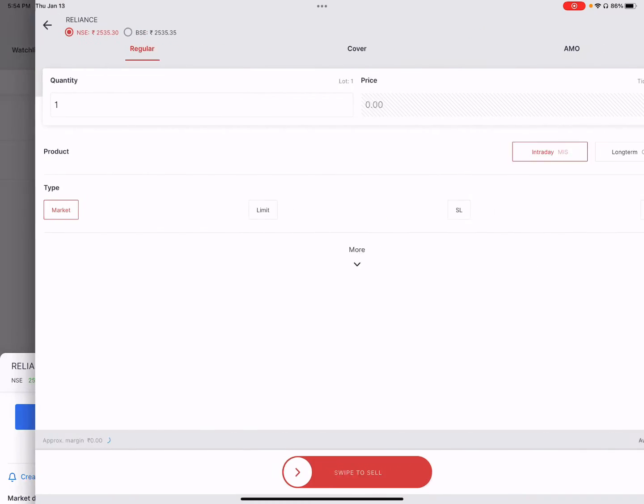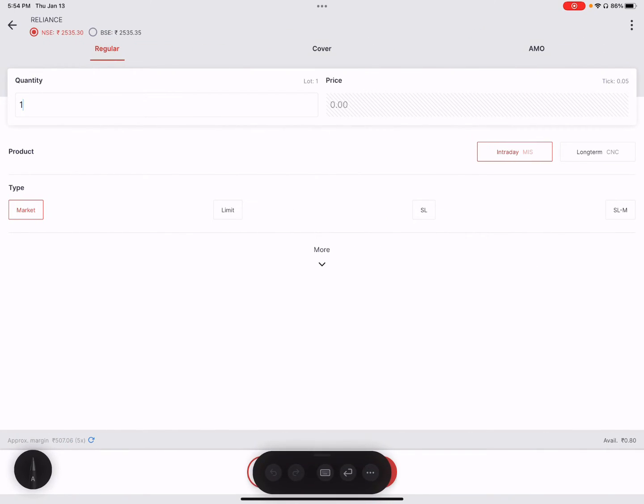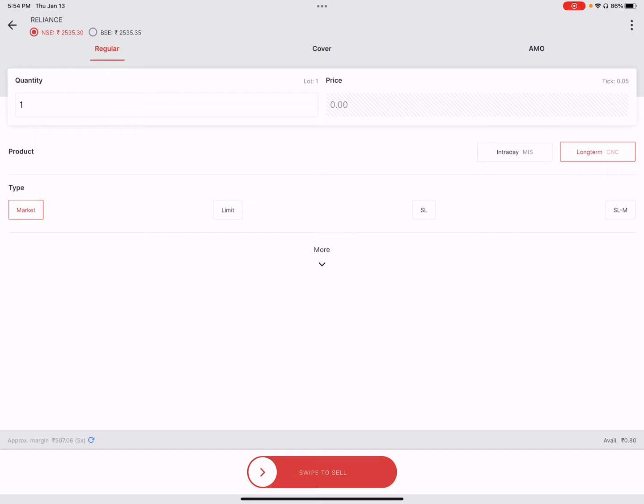You just sell Reliance. You sell some 100 quantity, whatever quantity you want, through your broker. You swipe to sell, and the amount you get charged is just for intraday. I'll explain what that is. Normally, you'd need 2,500 to buy that for the long term. So you short the Reliance stock, and you guess your target is that it will fall 500 points.